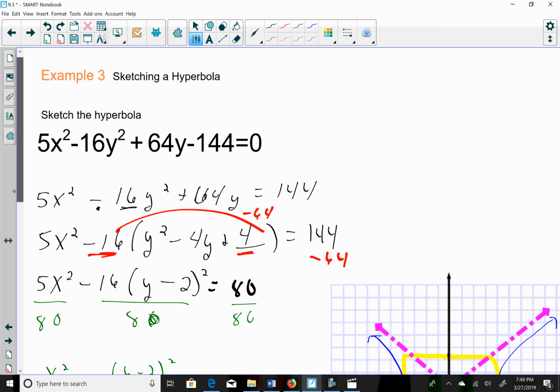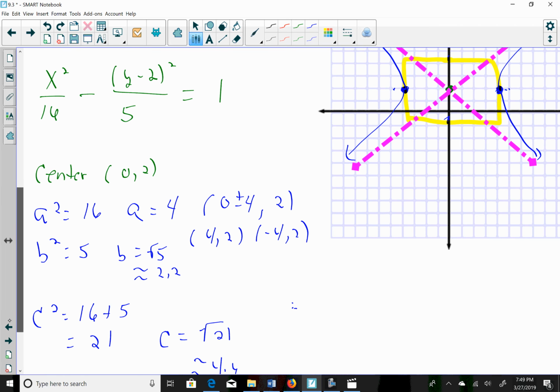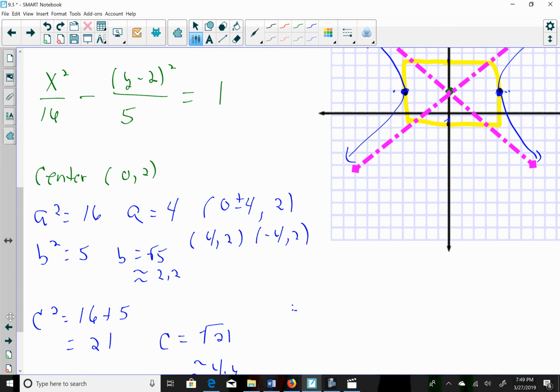Again, it doesn't ask for all this, but let's do it while we're here practicing together. Equation of a line is always y is equal to, so I'm going to do y is equal to my k, which in this case was 2, so 2 plus or minus my slope.